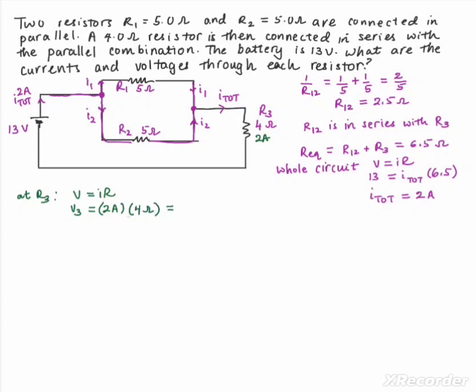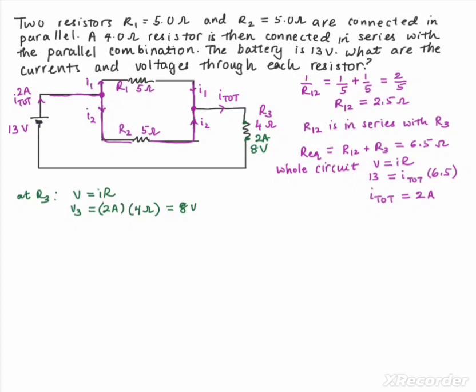So V3 is 2 times 4 is 8 volts. So that means R3 gets 8 volts. So R3 has a resistance of 4 ohms. The current through R3 is 2 amps, and the potential across the ends of R3 is 8 volts.